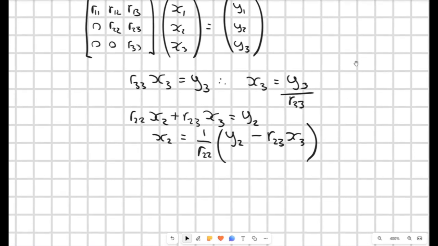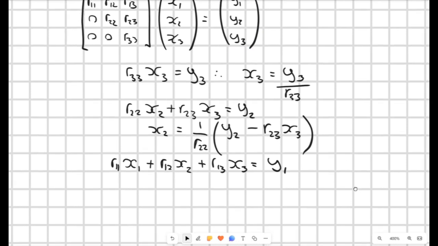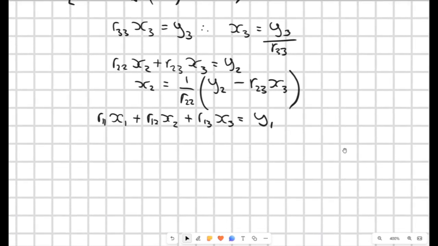Okay, so hopefully the pattern's obvious now, but we'll just do the final one just to be clear. So we're going to multiply this first row of R by this column. So that's r11 x1 plus r12 x2 plus r13 x3, which is now going to be equal to y1. So again, we're just going to rearrange this in terms of x1.